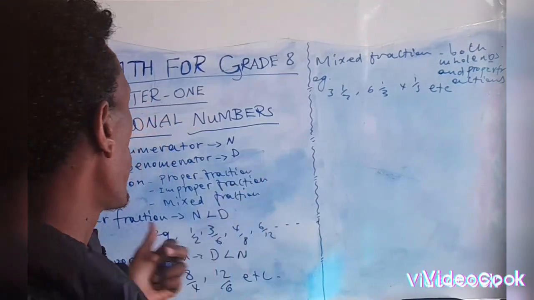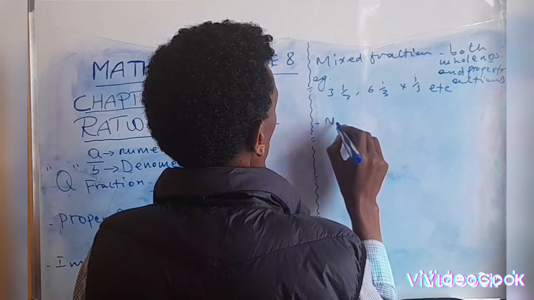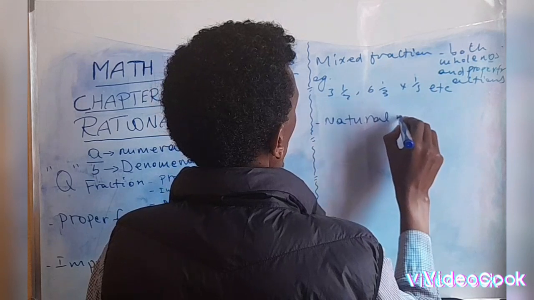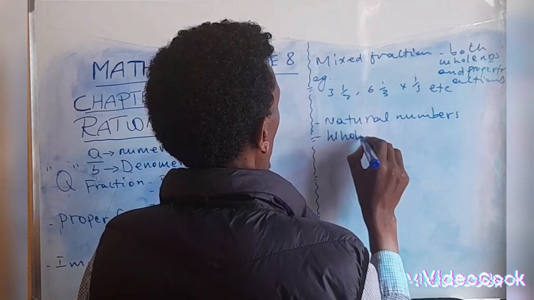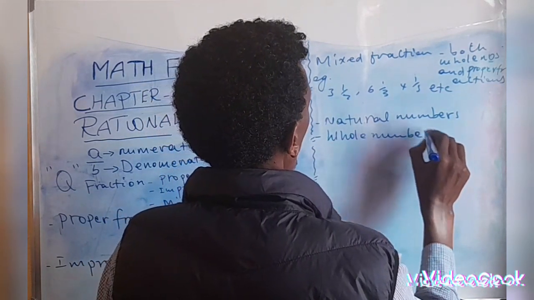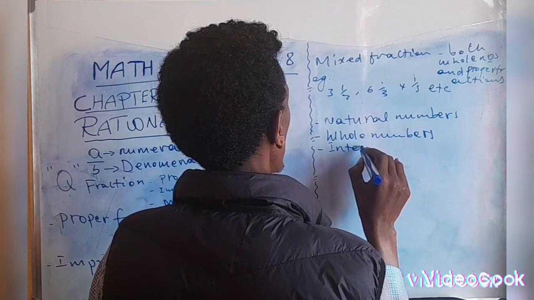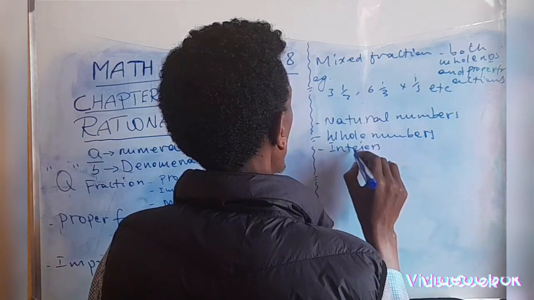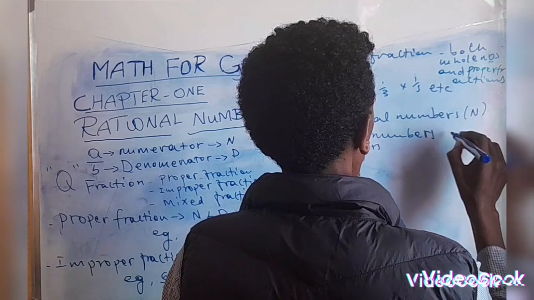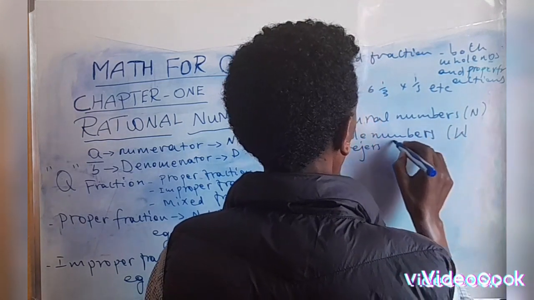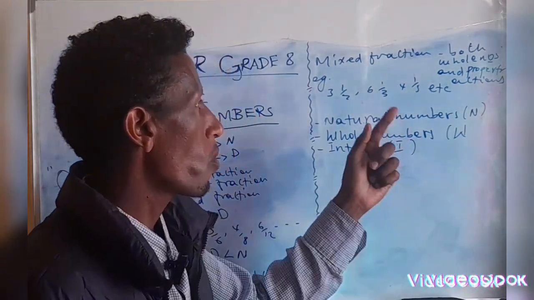Now let me come to the relationship between rational numbers and other numbers. The other numbers are natural numbers, whole numbers, and integers. Natural numbers are represented by capital N, whole numbers by capital W, and integers by capital I. A natural number is a number that starts from 1 and has no end.